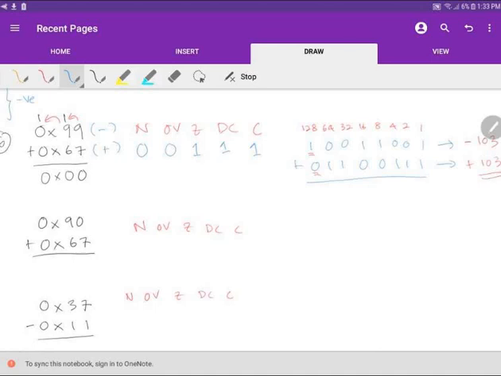Some of you may have this question, when do we consider binary as a normal unsigned binary, or when do we consider it as signed? So whenever you're doing arithmetic operation, confirmed the numbers are all signed numbers.